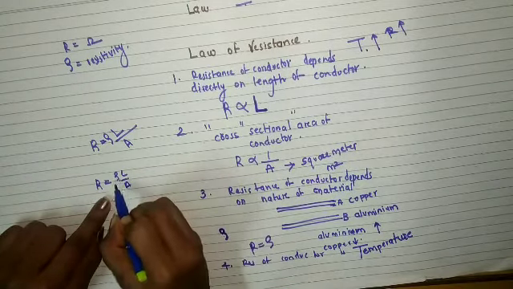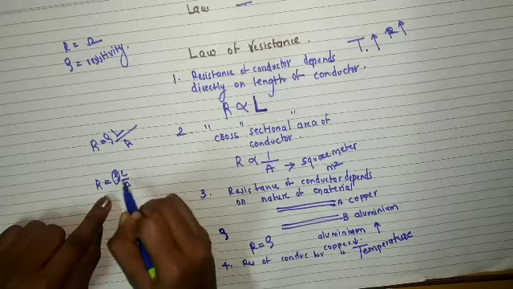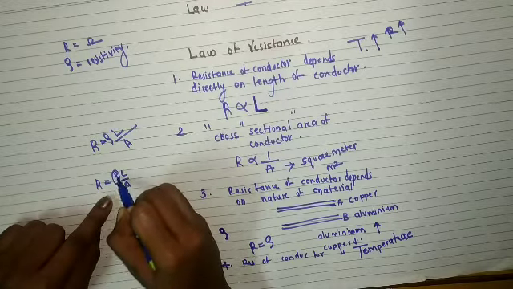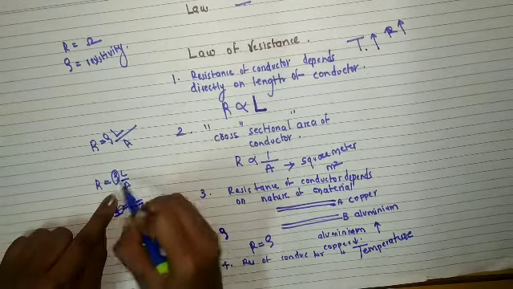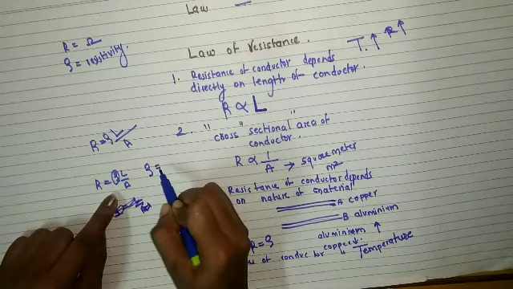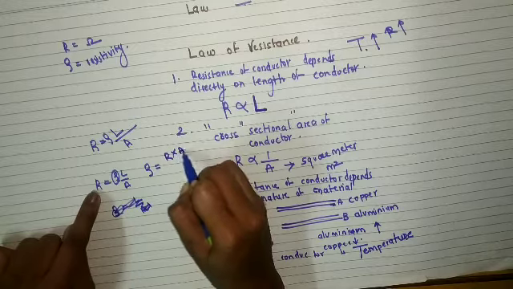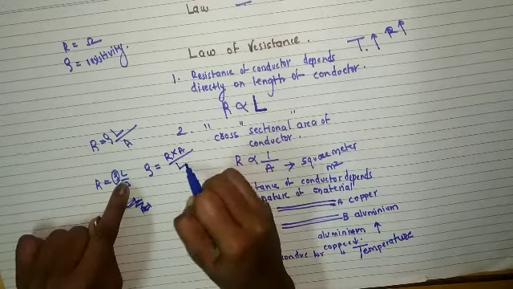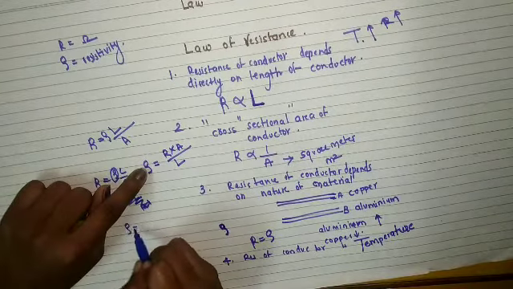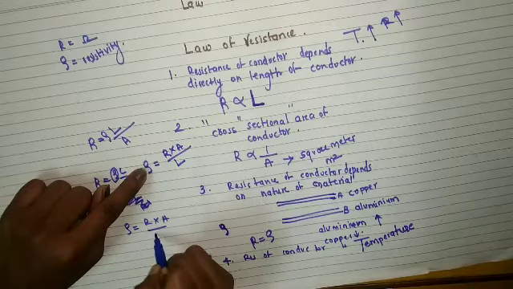We know this formula, so from it we'll take the value of resistivity. Rho is equal to R into A by L, since A goes to the other side in multiplication and L comes here.